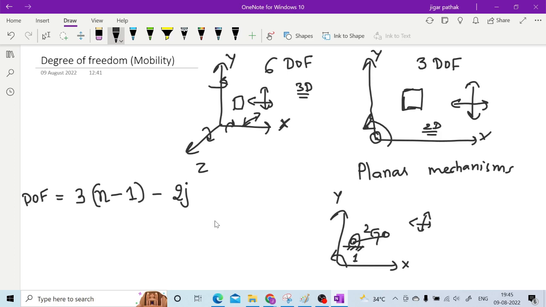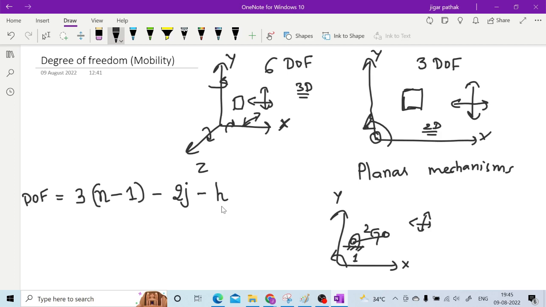Now in case of a higher pair, you are having 2 degrees of freedom. As I guess one student has asked, why is this motion not completely restricted and still considered a pair? In those higher pairs, you are having extra degrees of freedom. That is why whatever extra degrees of freedom the higher pair has, we have to subtract while calculating the degrees of freedom.